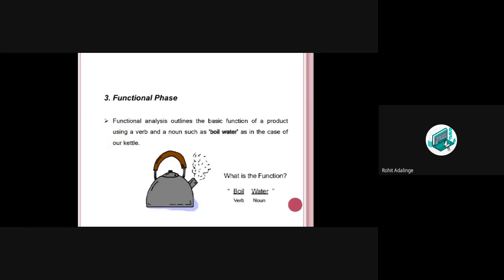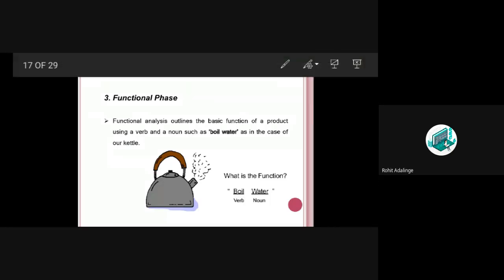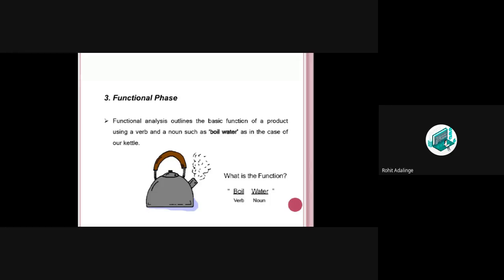And the last one, determine value improvement potential. These are the steps to follow under the functional analysis phase.